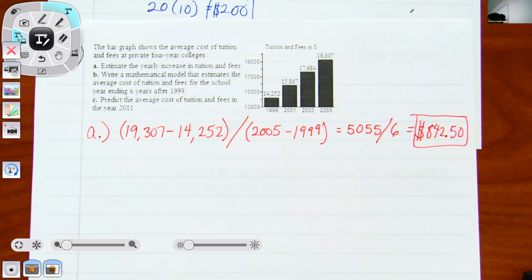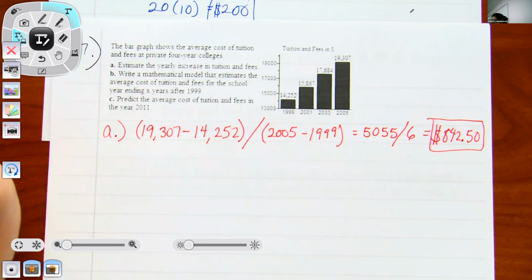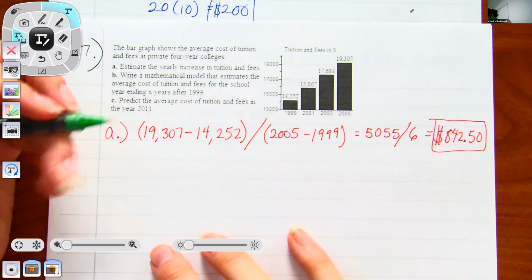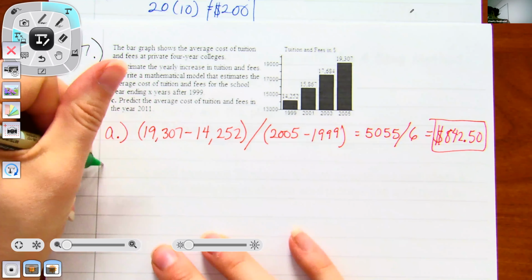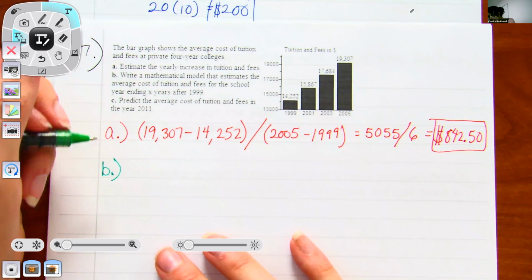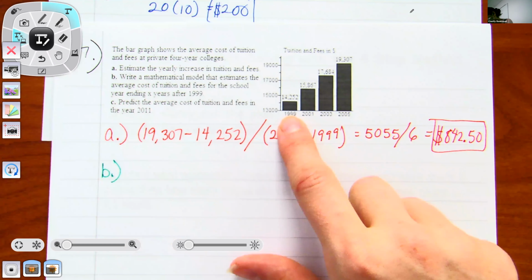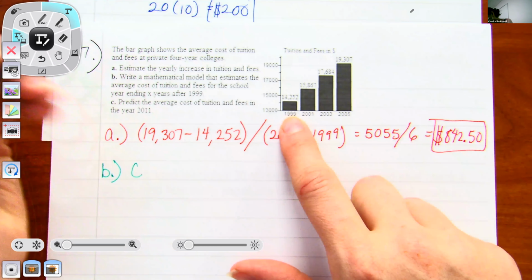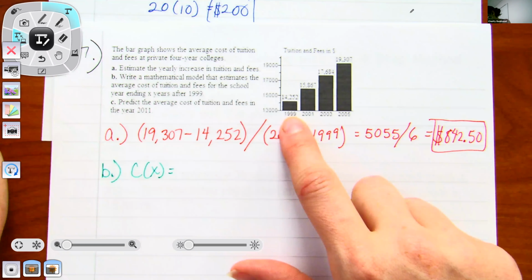Okay, so that's the average yearly increase for tuition and fees. And then part B is write a mathematical model that estimates the average cost of tuition and fees for the school year ending X years after 1999. So let's say C of X for cost, and it's X years after 1999.